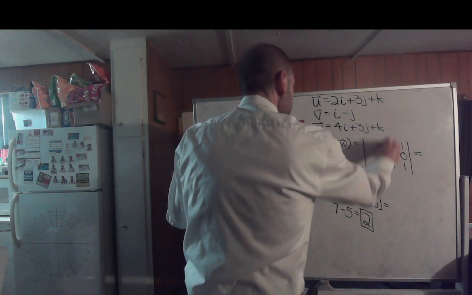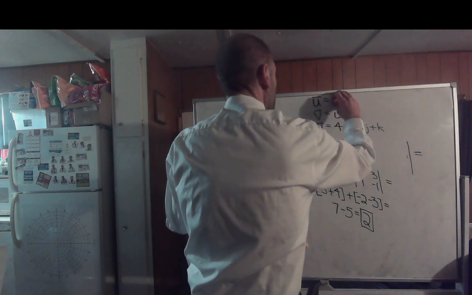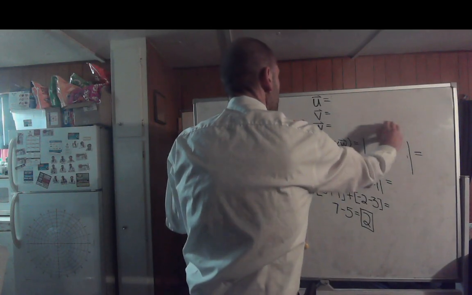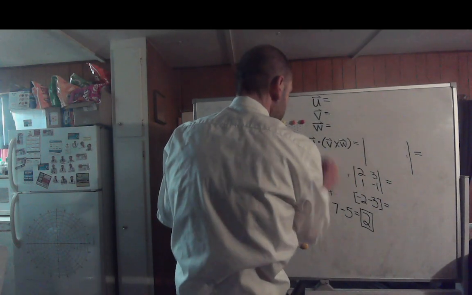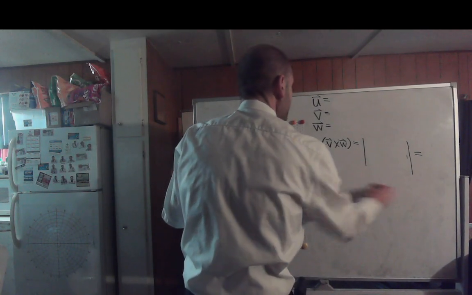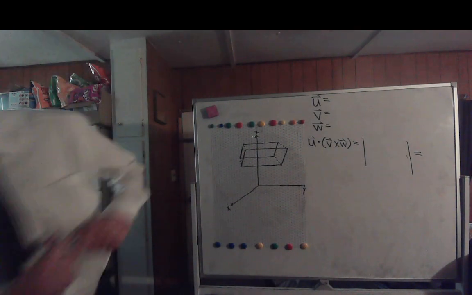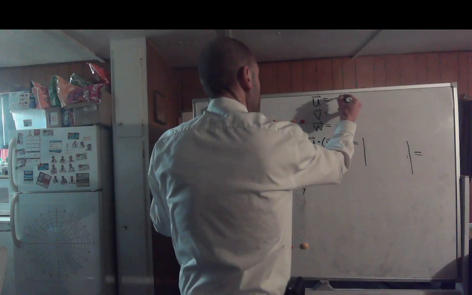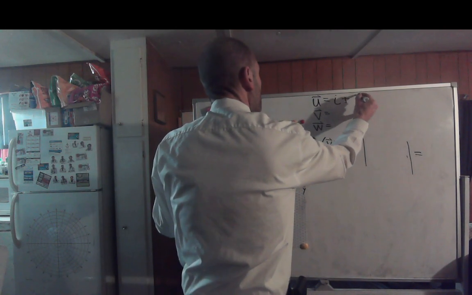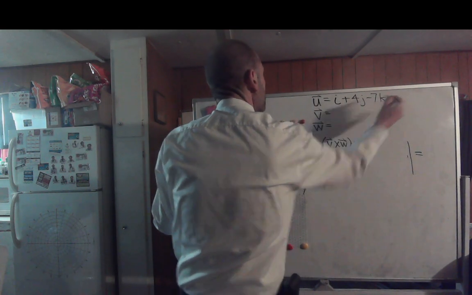So let me just pretty much leave these alone. I'm going to keep the determinant format set up even, but obviously what we have here is about to change. All right, so vector u is i plus 4j minus 7k.